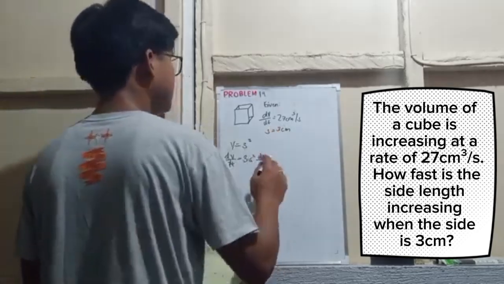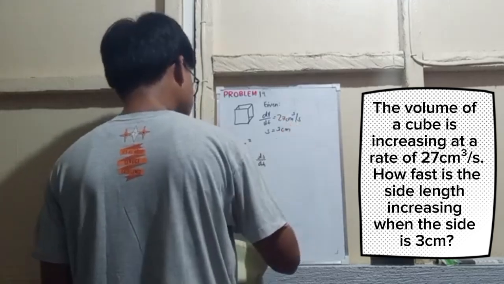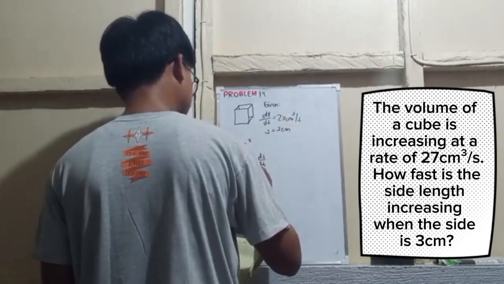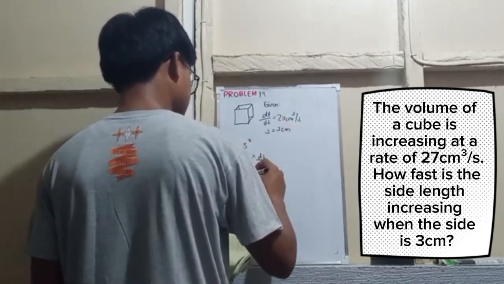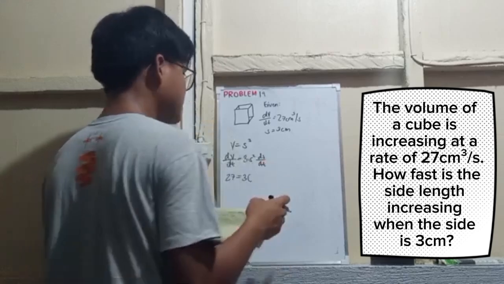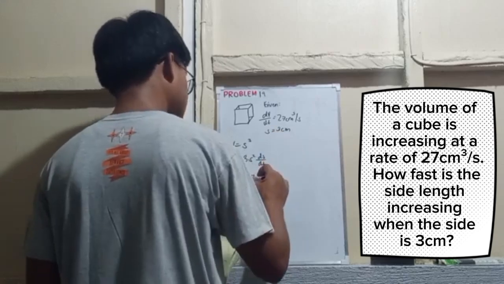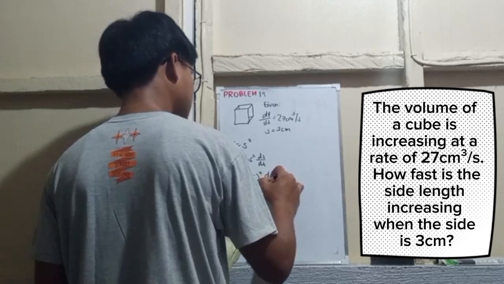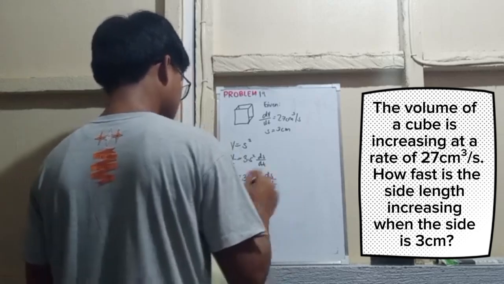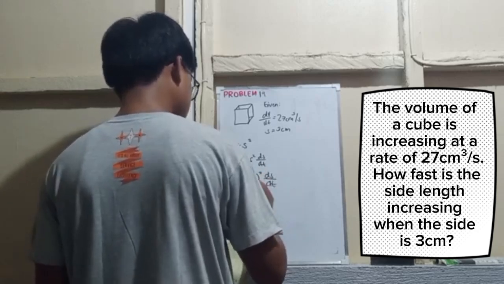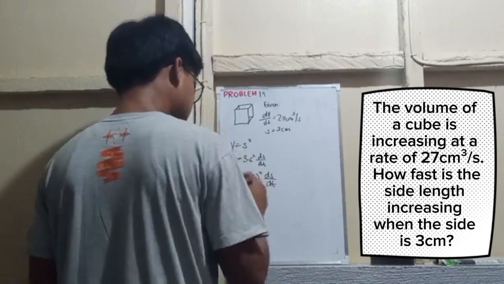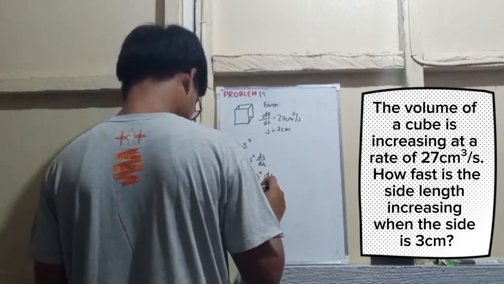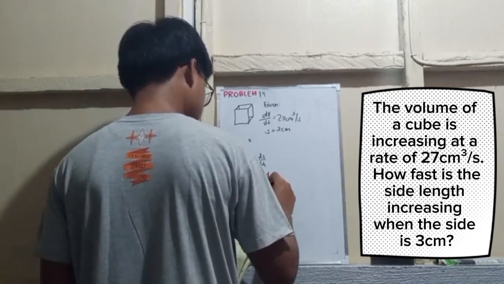So dV/dt will have the 27 cm³ per second, 3, and s is equal to 3 cm, so squared. Then copy the ds/dt, then solve. 27 = 3 times 3 squared, 9, 27 ds/dt.